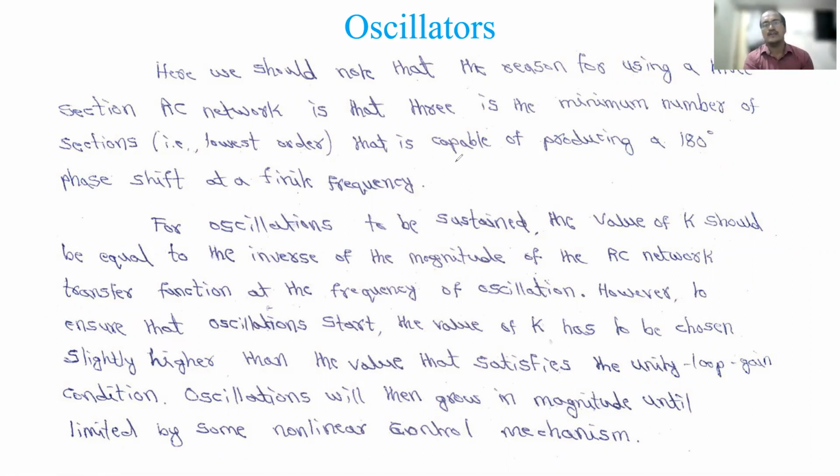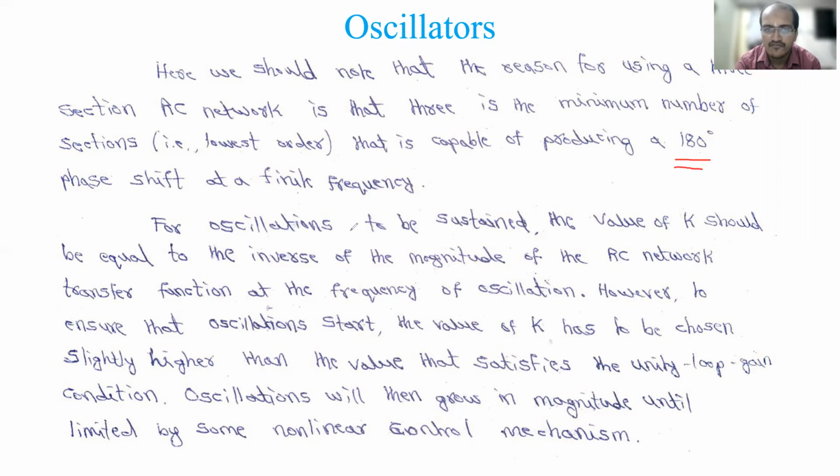When you connect a single RC section, you may get only 60 degree, and practically you will not see the oscillations. The waveform will not come at all. When you are doing oscillation circuits, getting the sine wave at the output in the lab is important, and that will come only when it has 3 RC sections meeting the Barkhausen oscillation criteria.